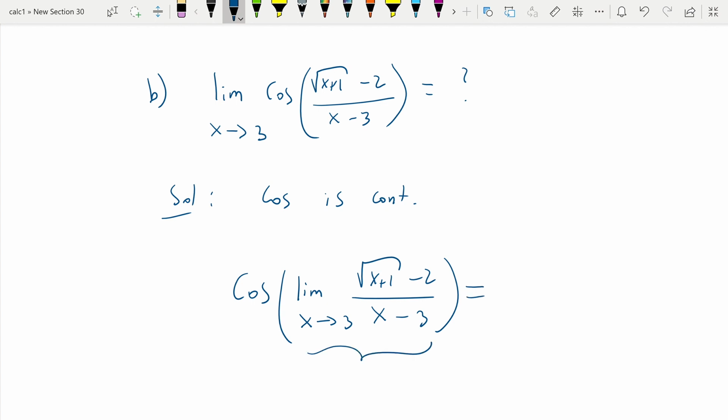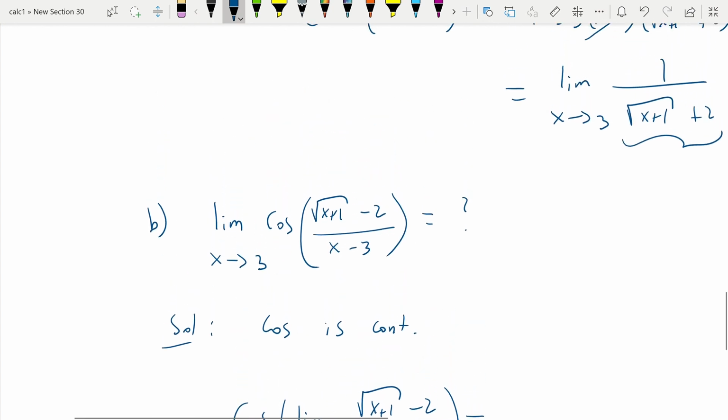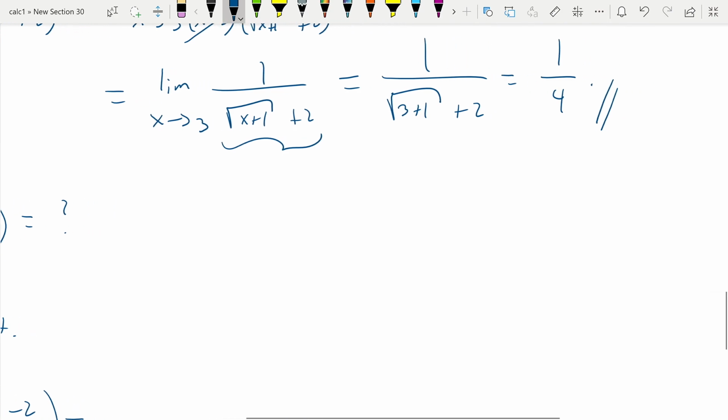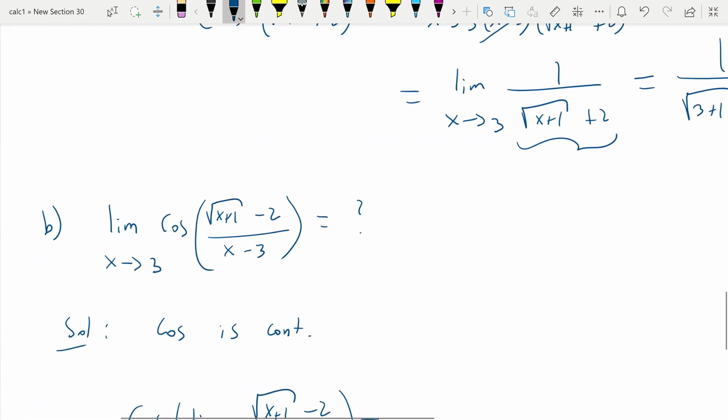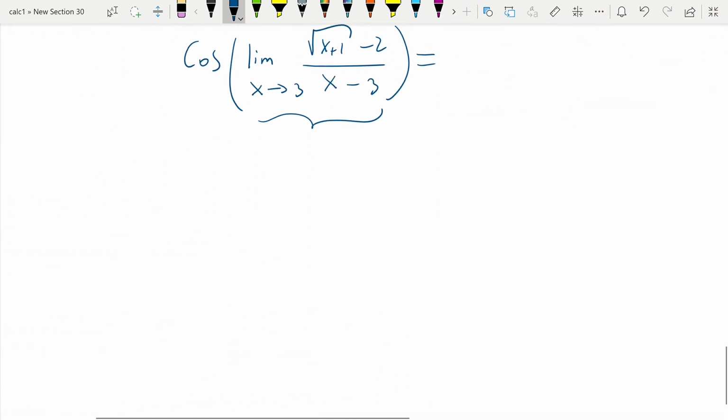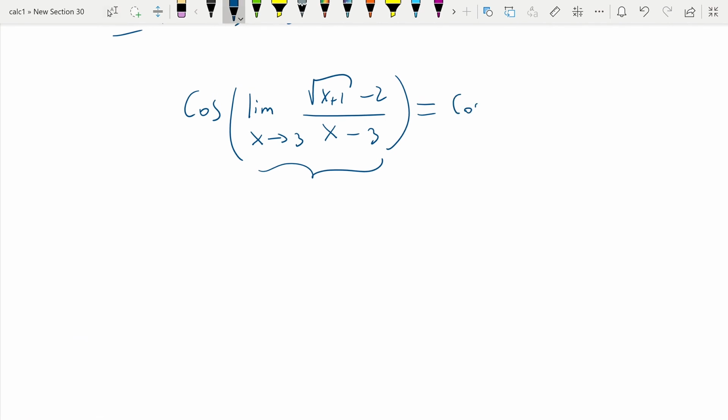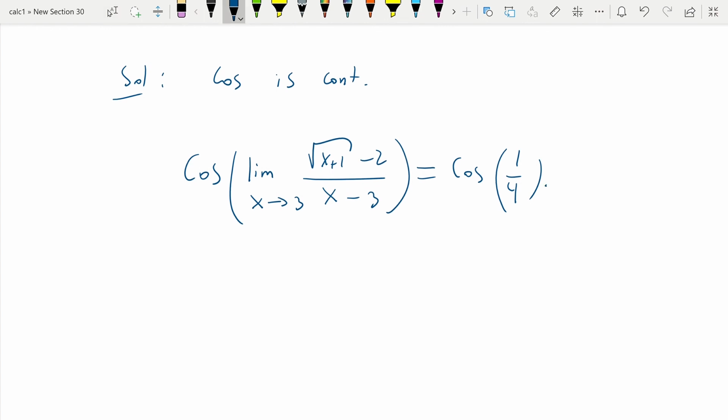And since what's inside is 1/4, this is what we just computed, we can say that this is the cosine of 1/4. So this was calculated above, and we simply get this.